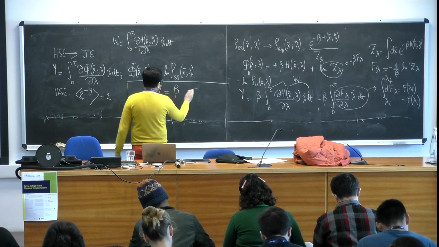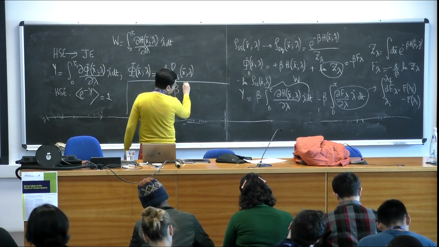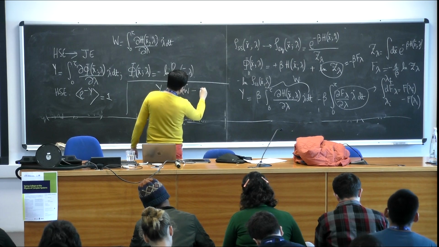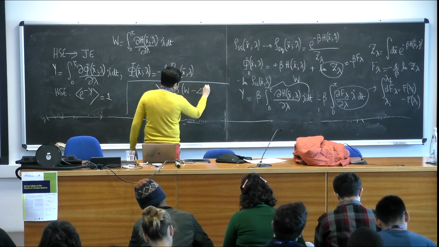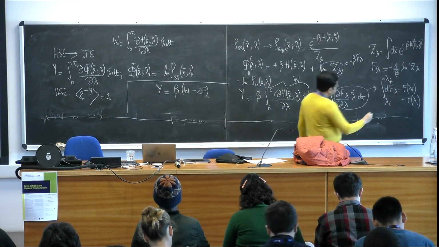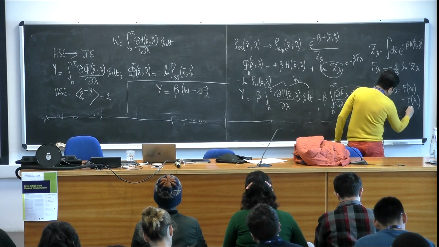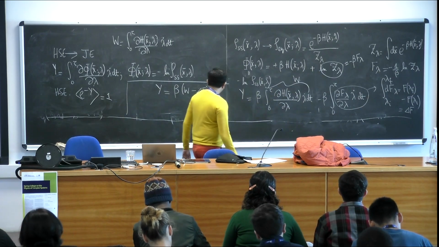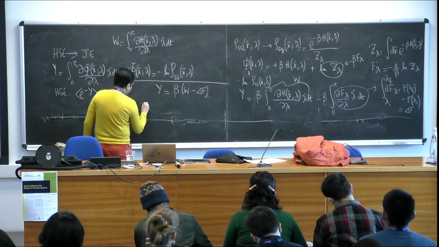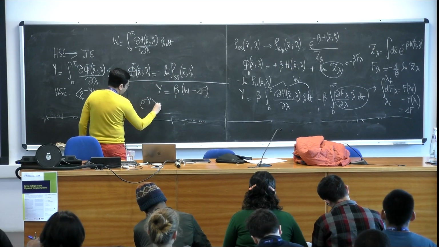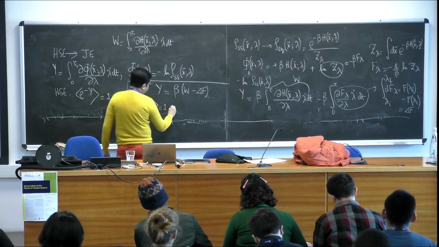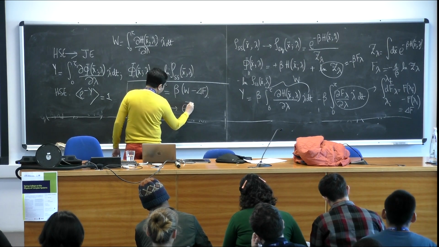So therefore y is nothing but beta of W minus delta F. So therefore when I use it in the Hatano-Sasa equality, e to the minus y average equal to 1, I just substitute it here, I get exactly the Jarzynski equality.